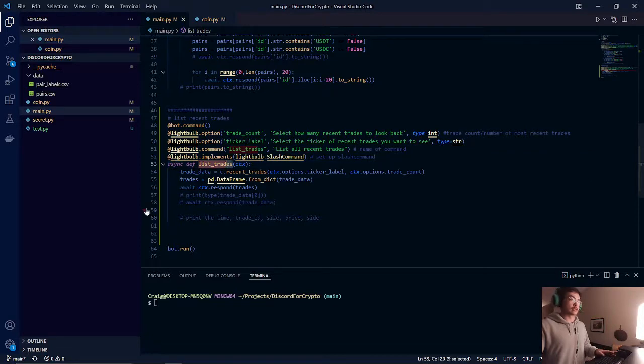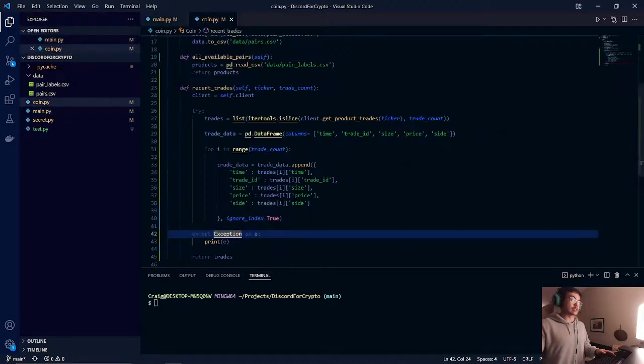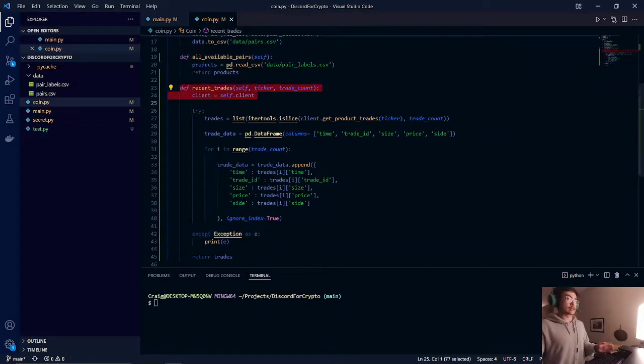Now, we go to our main method, list trades, and as you can see, it is talking to our coin class recent trades. Now, what this class does is it will directly interact with the Coinbase Pro exchange. So, as you can see, we have our ticker and our trade count. So this will be looking at the three most recent trades of Bitcoin to USD, and then it will format that into our list.